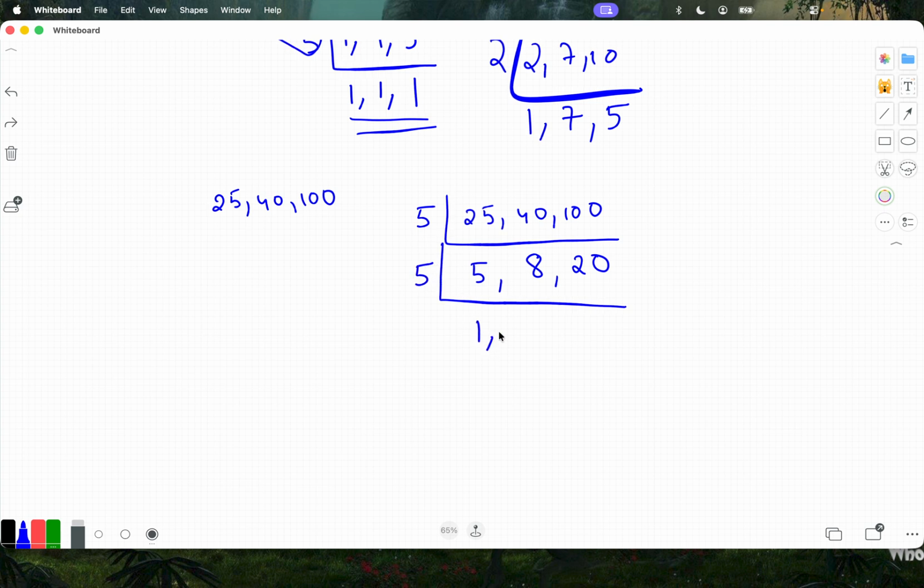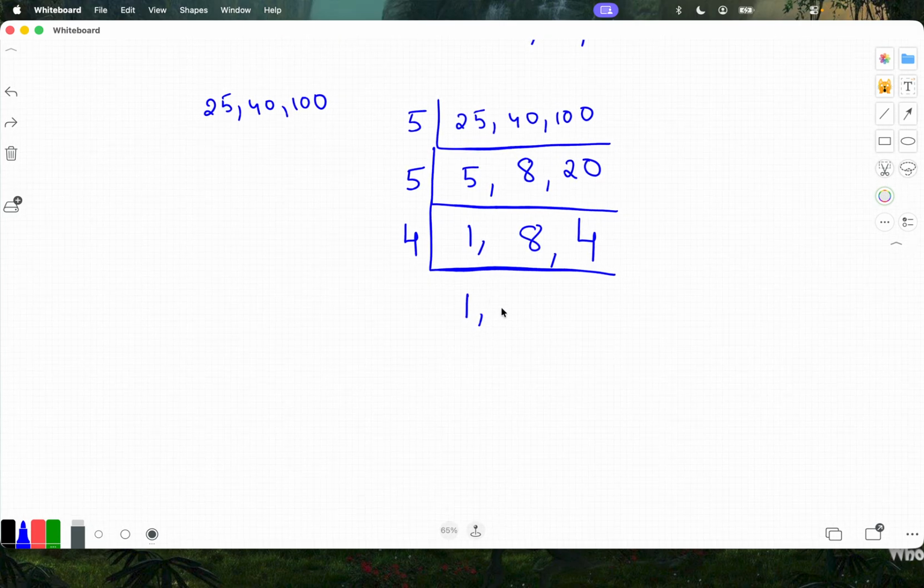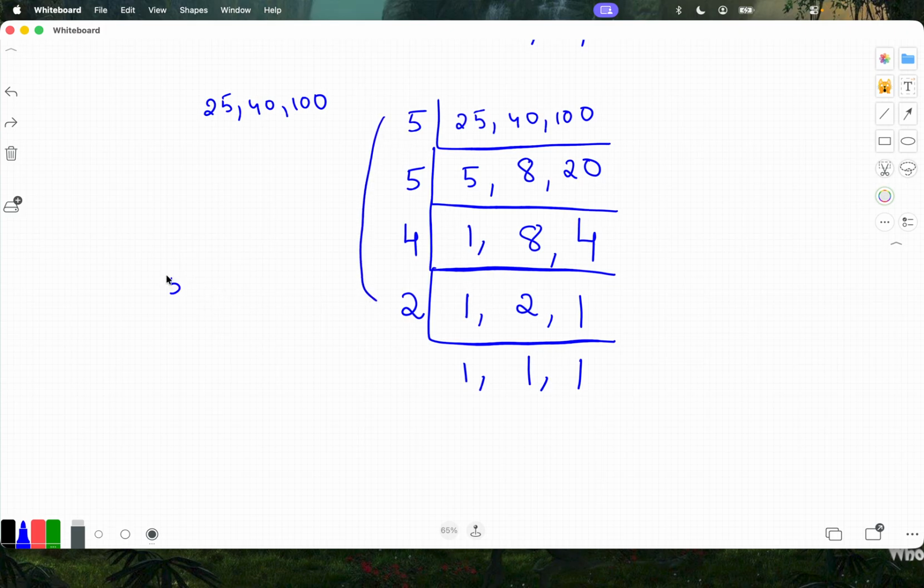So 5 ones are 5, 8 you will write as it is, and 5 fours are 20. Now 8 and 4 will have a common factor, so I can directly say 4. 1 I'll write like this, 4 twos are 8 and 4 ones are 4. Now the 2 table: 1 as it is, 2 ones are 2 and 1. Multiplying all this will give me the LCM: 5 into 5 into 4 into 2. That is 5 fives are 25, 25 fours are 100, 100 into 2 is 200. So the LCM of 25, 40 and 100 is 200.